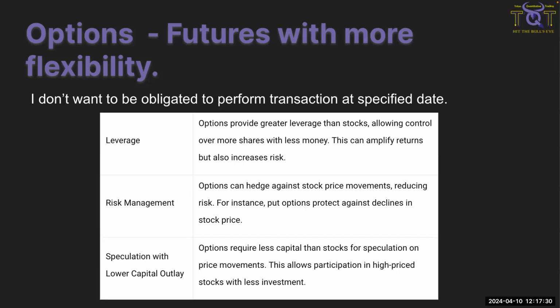That's why technically you have lesser risk, because the amount of capital that you are putting in is usually lesser than how much you would actually invest to buy a share.